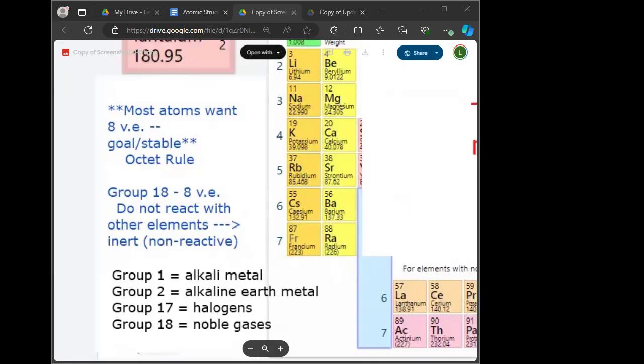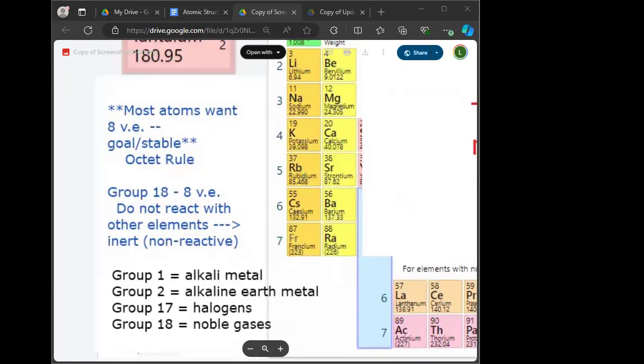Now the elements in group 18, they already have 8 valence electrons. And so because they already have 8 valence electrons, they actually tend to not chemically react with other elements. And that inability to react with other elements is called inert.